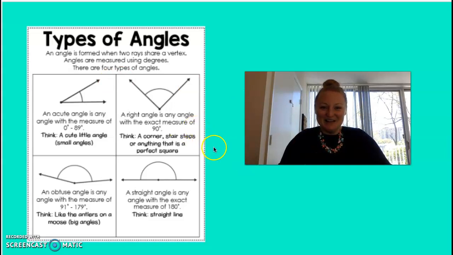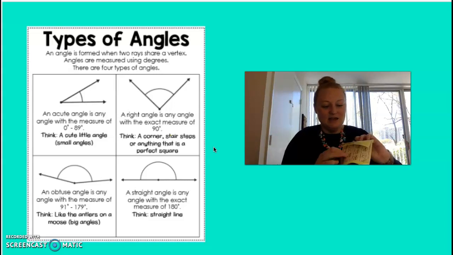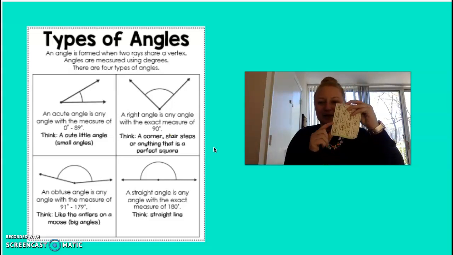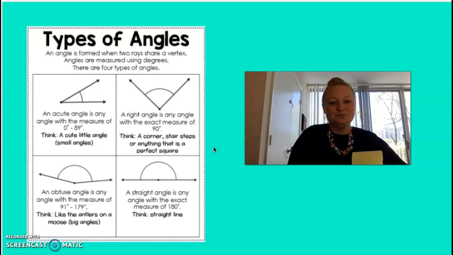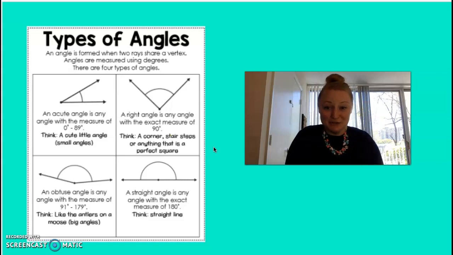Here we have a right angle. It's any angle with the exact measure of 90 degrees. Think a corner, stair steps, or anything that is a perfect square. I always like to think of the edge of a piece of paper or a sticky note. That makes a perfect 90-degree angle. We also have obtuse angles.